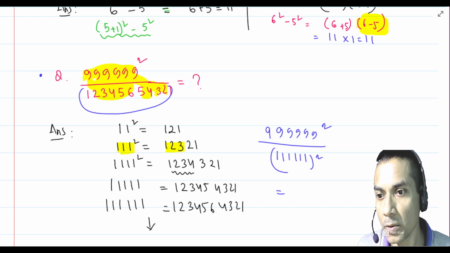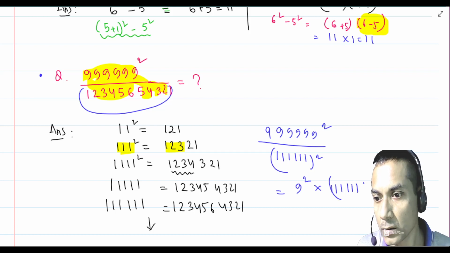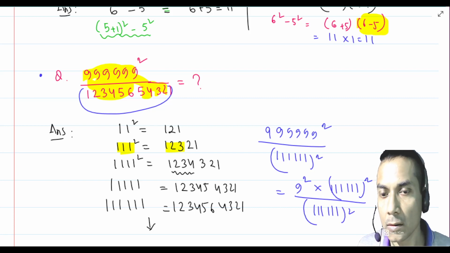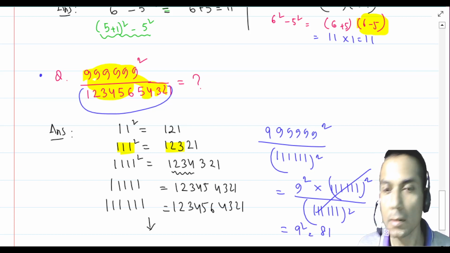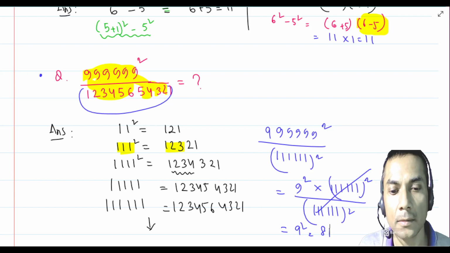If you take common here, then it will be 9 square into 111111 square. Clear? Then 111111 square cancels out, so 9 square, 81 is the right answer. Clear?